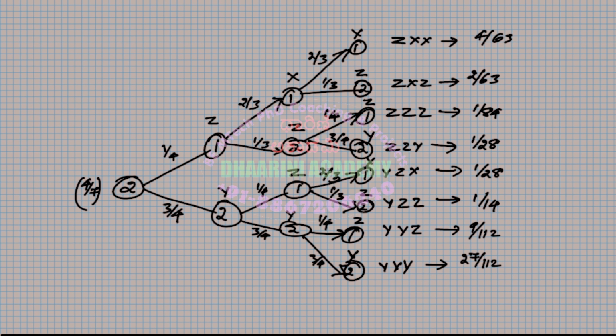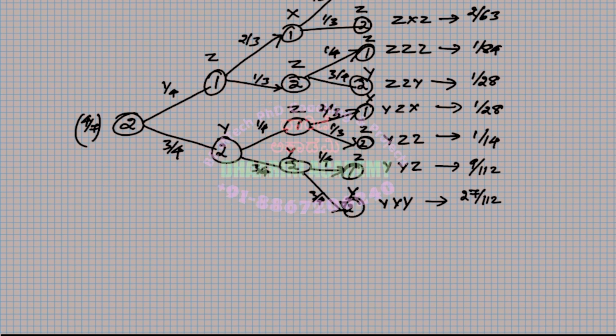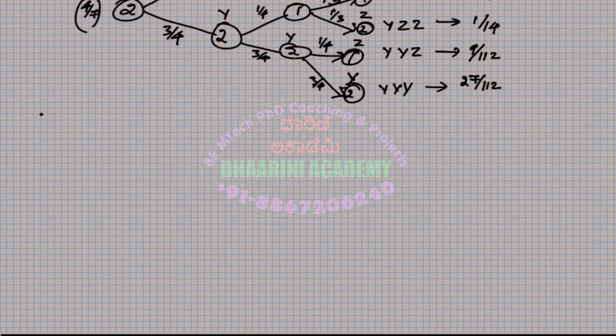Now what we do, we'll write down all the probabilities. Symbols are not required, only the probabilities are required. So I'll quickly write P of SQ, all the terms which we have.